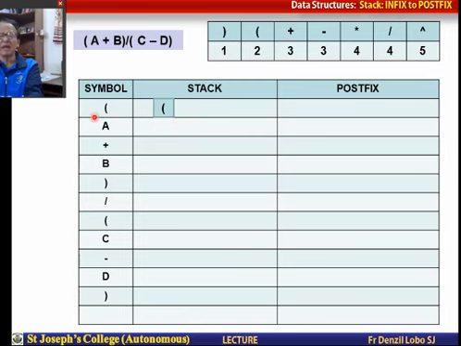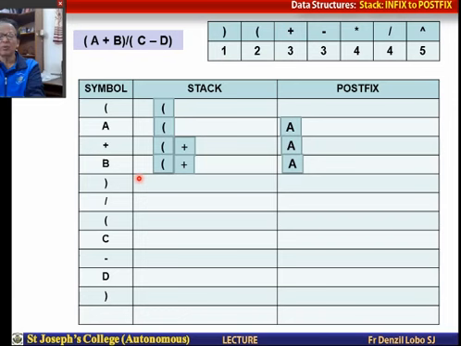Then I come to A. A is an operand. What do we do? According to our algorithm, if A is there, you put it onto the postfix. Then we come to the operator. Naturally, it has higher precedence than the left parenthesis. Therefore, it goes onto the stack.